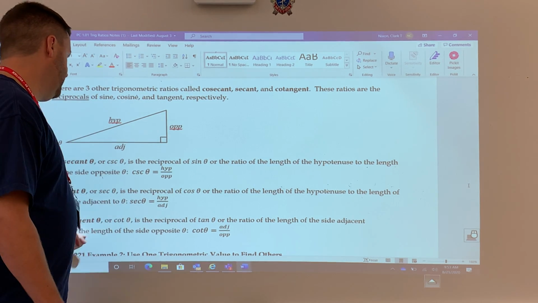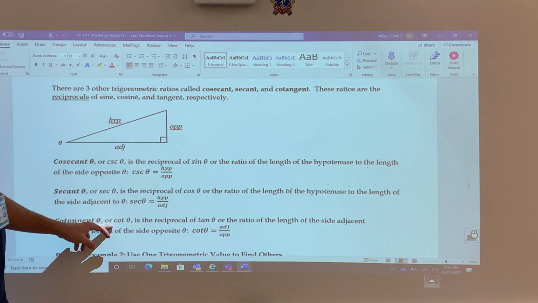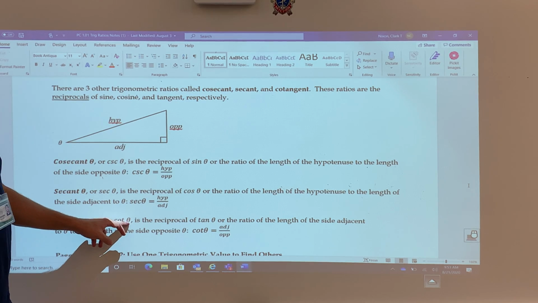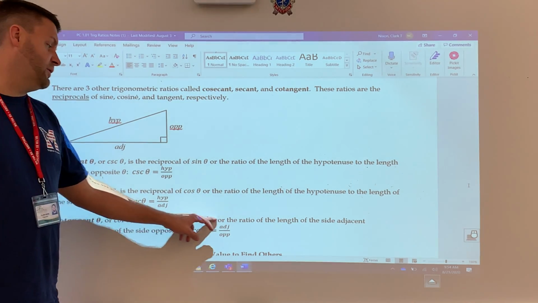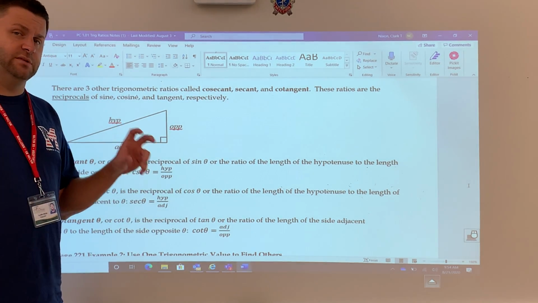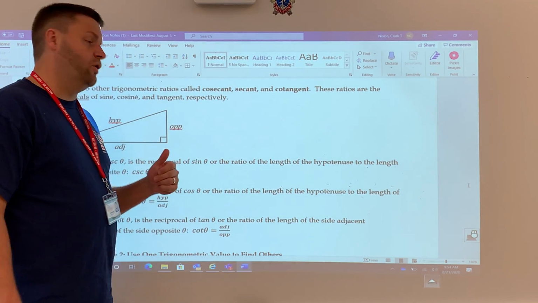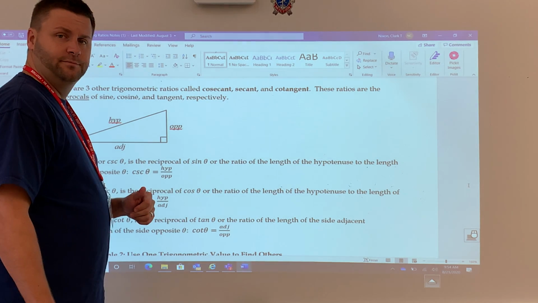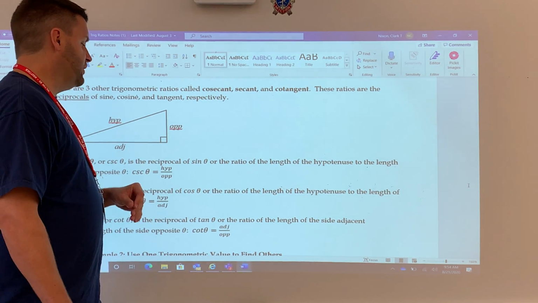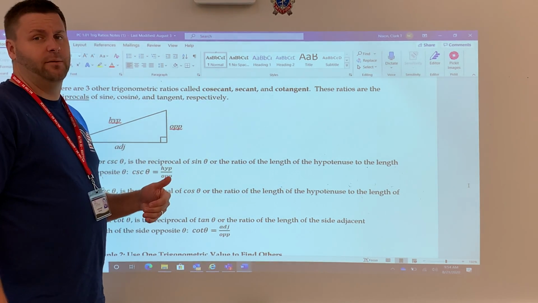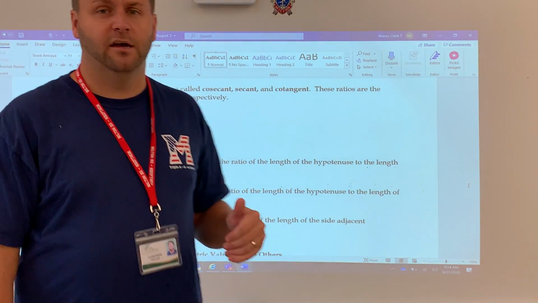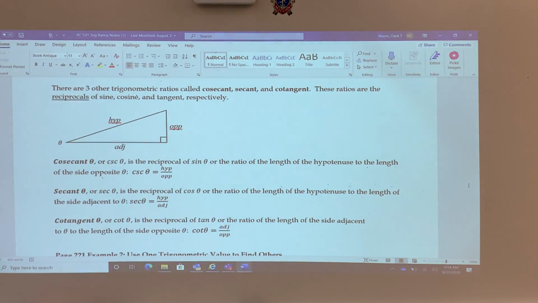And last but not least, cotangent, or cot theta, is the reciprocal of tangent. If tangent was opposite over adjacent, then cotangent is going to be adjacent over opposite. Okay? So let's go ahead and solve a problem finding all 6 of our trig ratios.